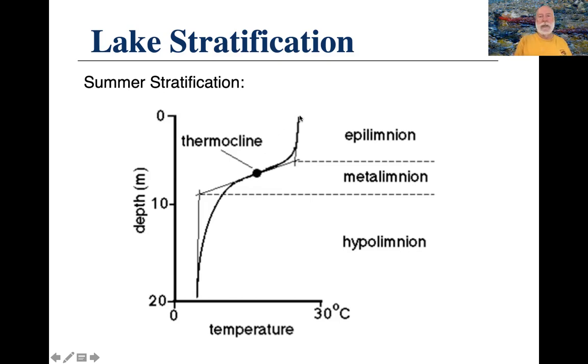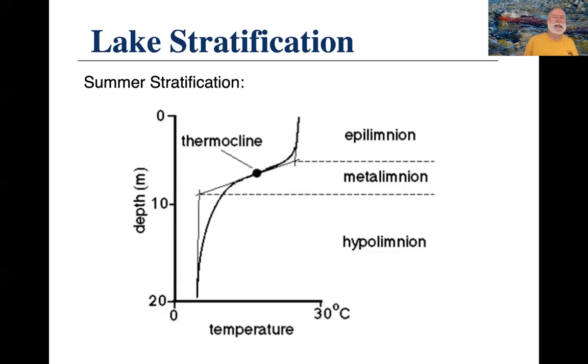Now, if you want to formally define what is the epilimnion, what is the hypolimnion, and what is the metalimnion, you simply draw a line tangent to these surface temperatures. You draw a line tangent to the bottom temperatures, and another line tangent through here at the point of most rapid temperature change, in other words, the thermocline, and where they intersect defines the depths that mark the upper and lower bounds of the metalimnion.